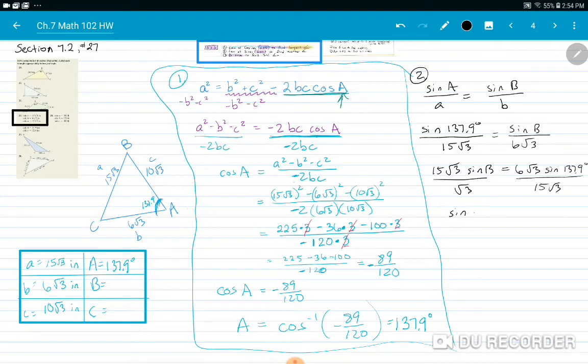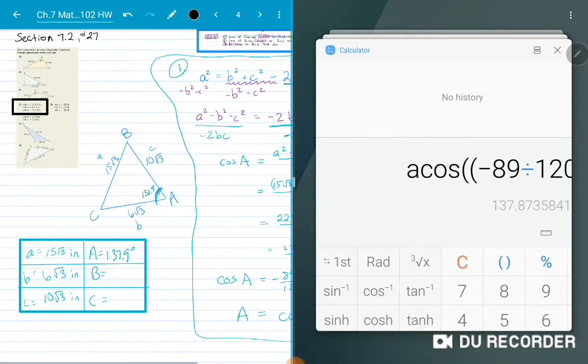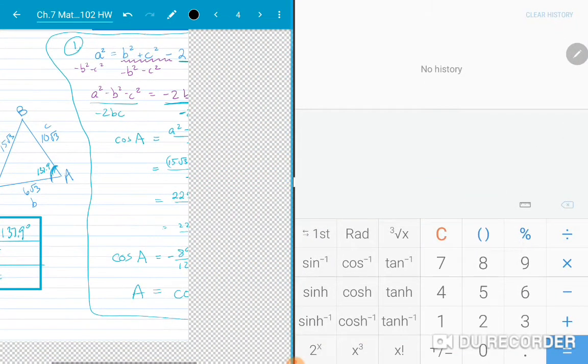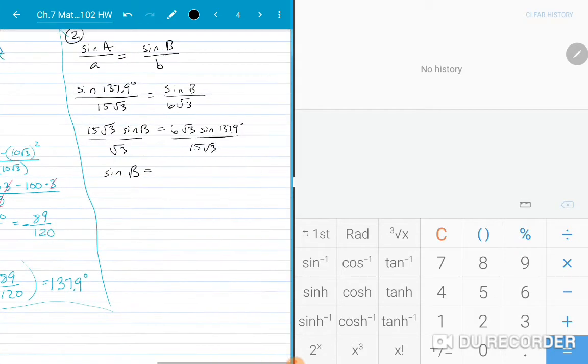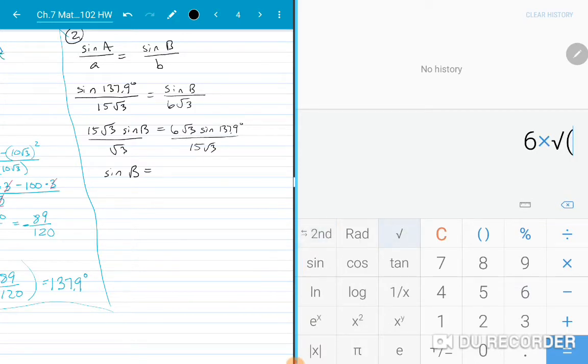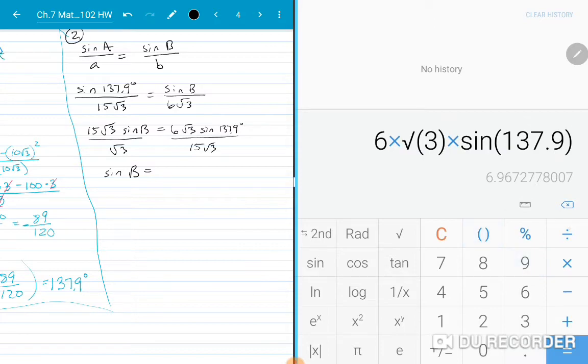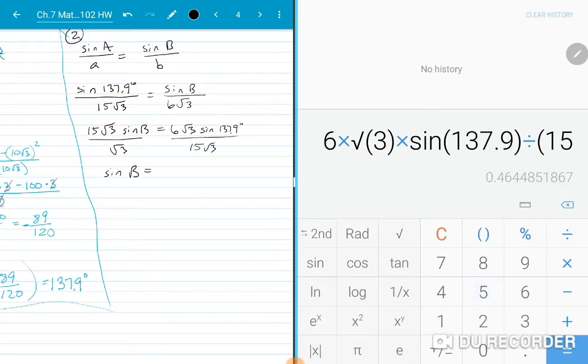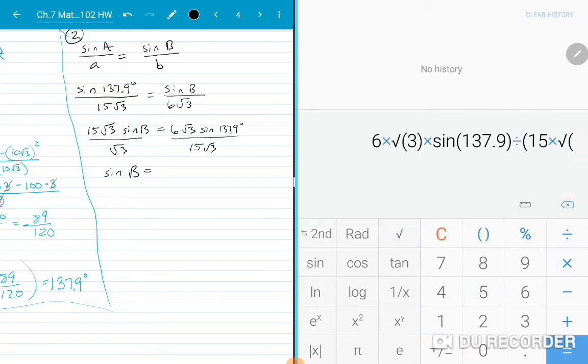So I get sine of B equals, get my calculator out for that one. 6 times radical 3 times sine of 137.9 divided by the product of 15 times radical 3.